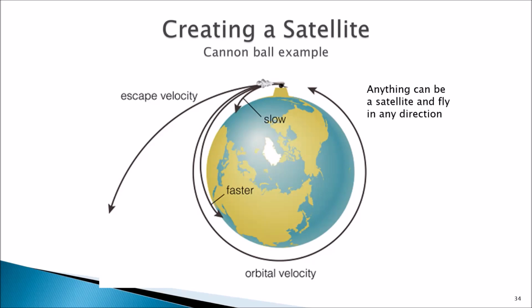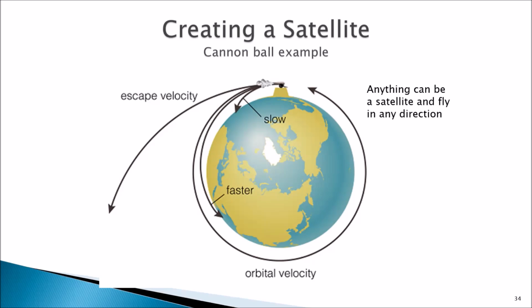If you pick just the right speed, the cannonball never touches the Earth, but keeps on going at a constant distance above the Earth. If you use too much speed, the cannonball leaves Earth's gravity field and will never return.